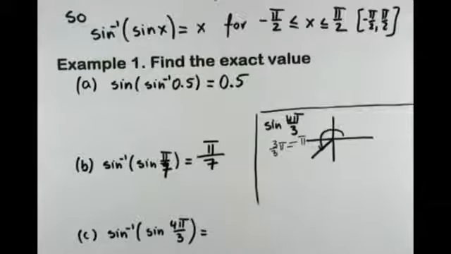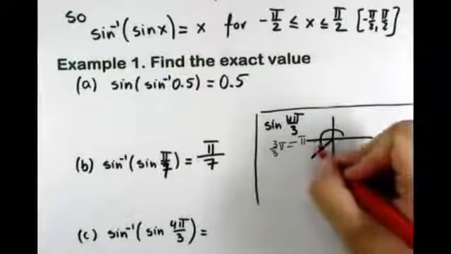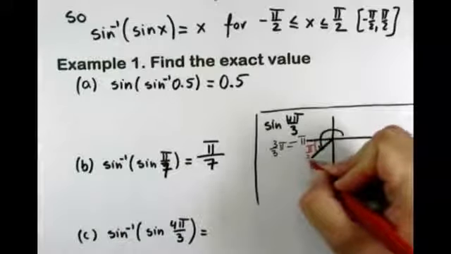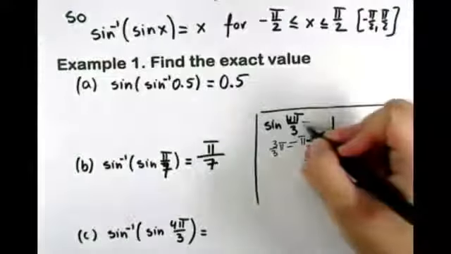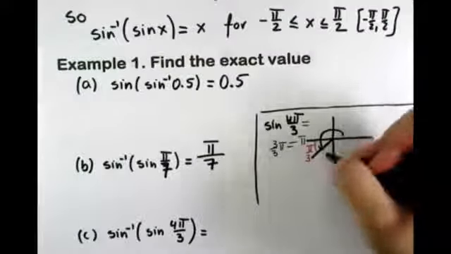So 4/3 is 1/3 more. The reference angle is pi over 3, so the value is equal to sine pi over 3 up to the sign.